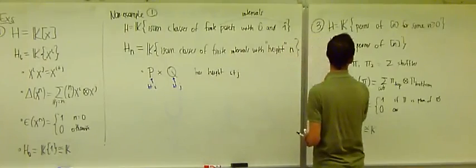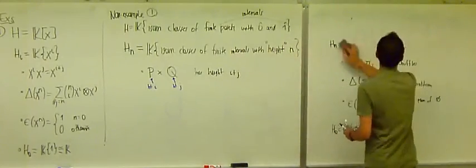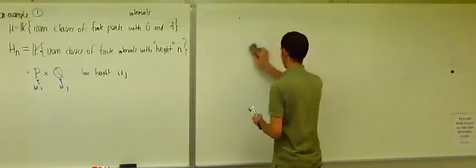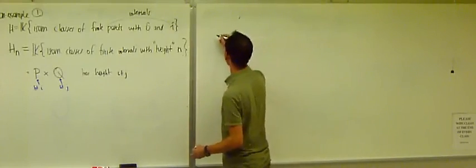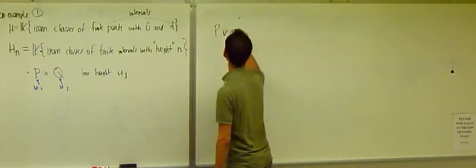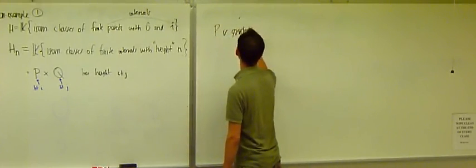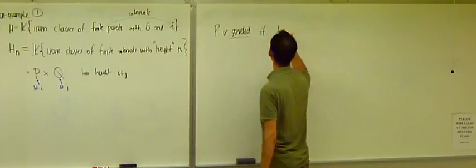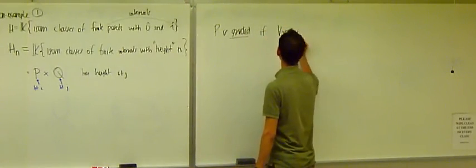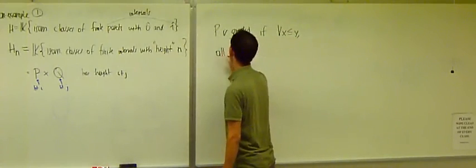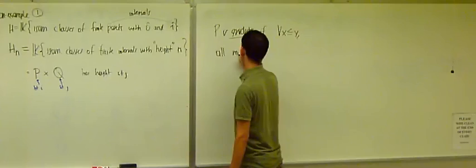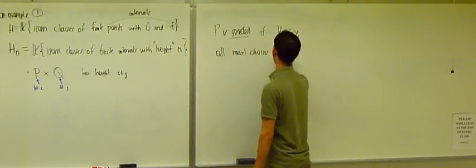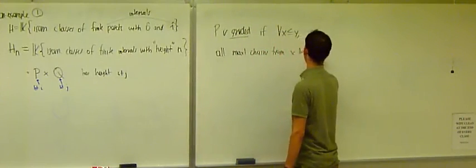And so a poset P is graded if for any x less than or equal to y, all maximal chains from x to y have the same length.